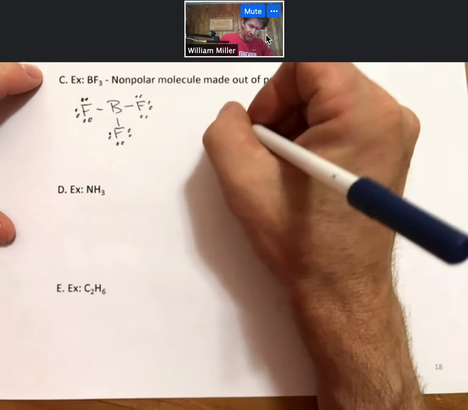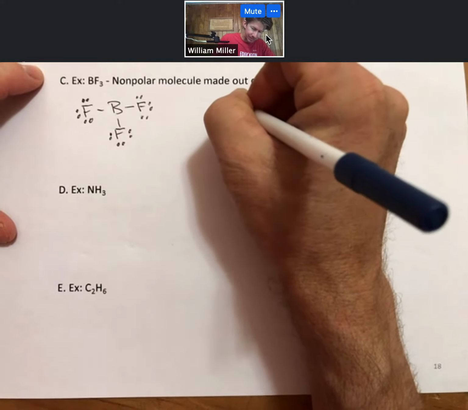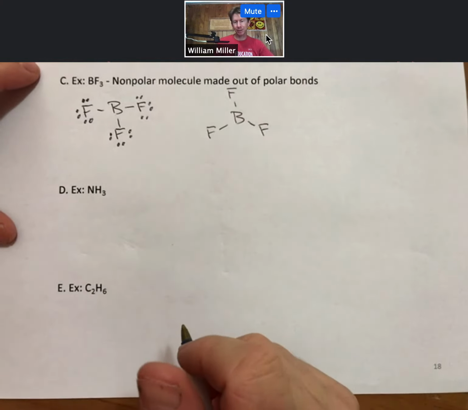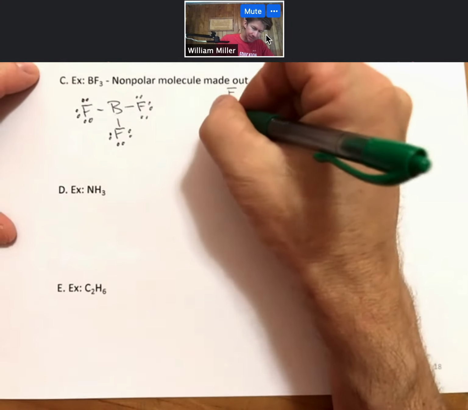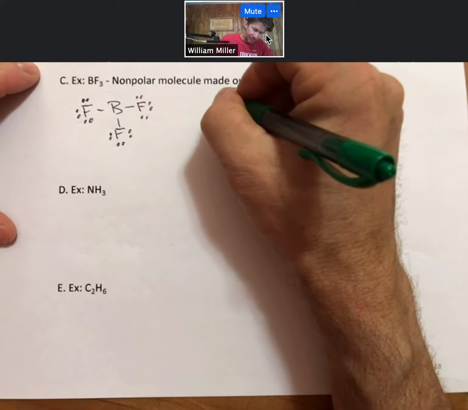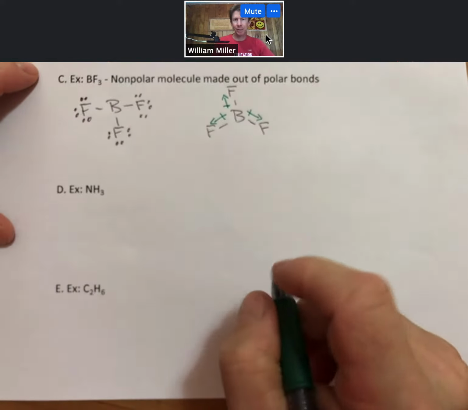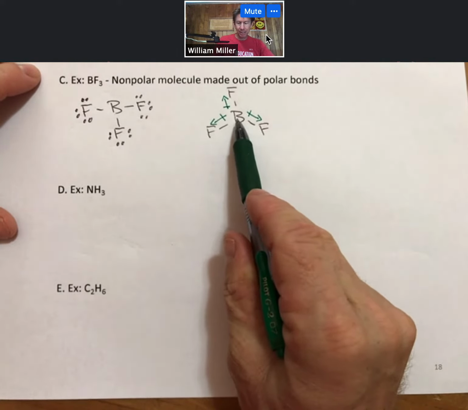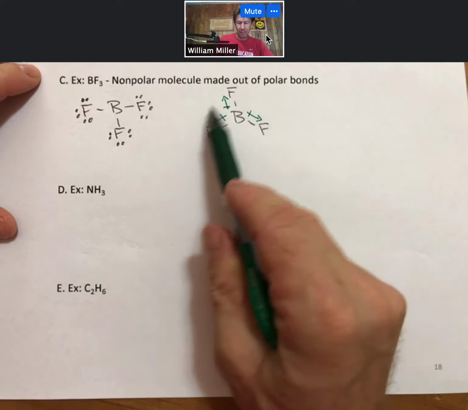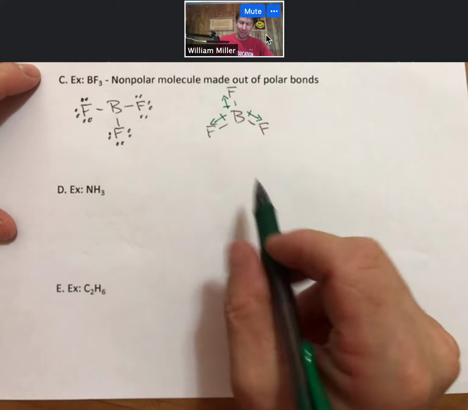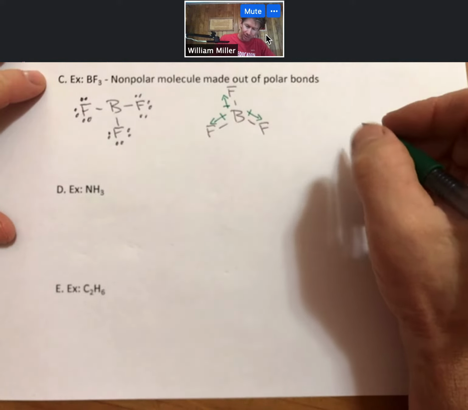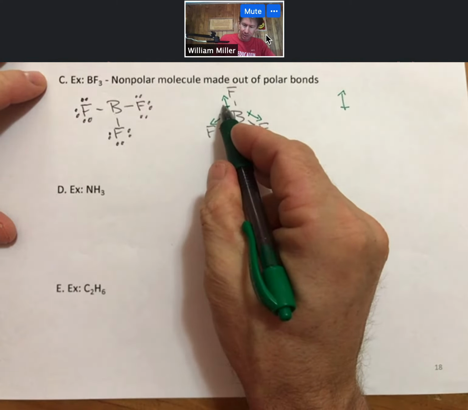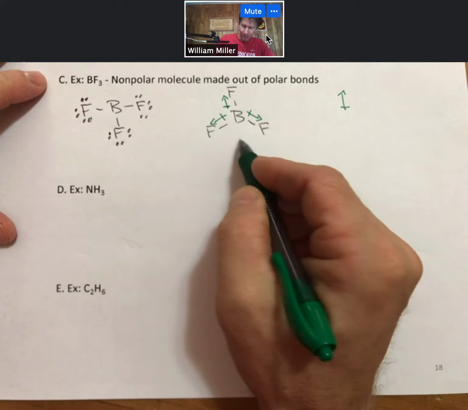Now, this is the correct Lewis structure that we would come to. We can draw it in its shape, and I'm going to draw it as close as possible to the 120-degree angles. And then we can draw dipoles. The dipoles always face away from boron toward fluorine because it is the most electronegative atom. And we can see that this boron central atom is surrounded by all things that are exactly the same. We can cancel these dipoles out if we draw one dipole going up, that's the first one, and then we draw this one going down and then the other one going back.